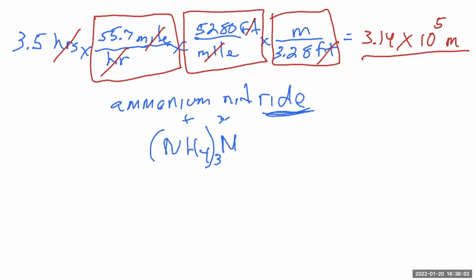Here's your nitrogen atoms, and here's a nitrogen atom. So this is 3 groups right here on this first one. So there's 3 here, 1 here. So nitrogen has 4, hydrogen is 12. So there's 4 nitrogen atoms and 12 hydrogen atoms.